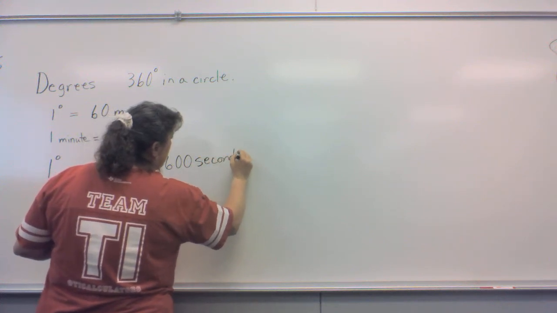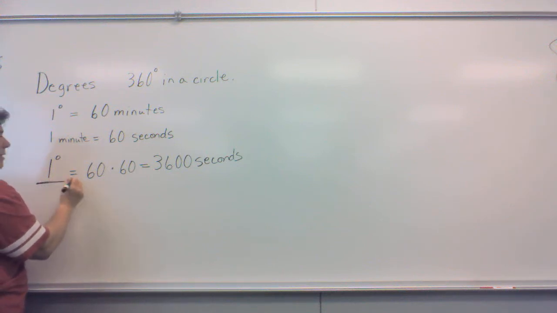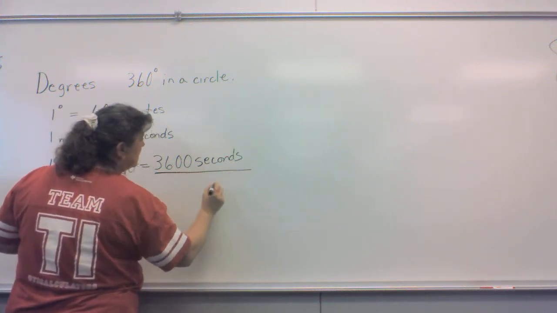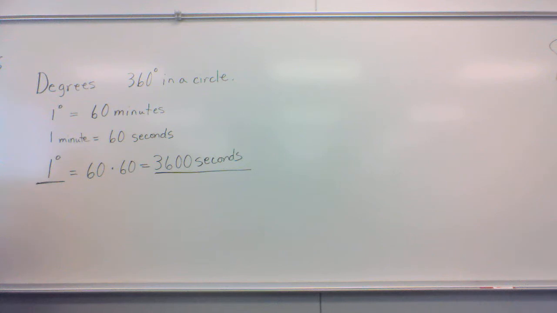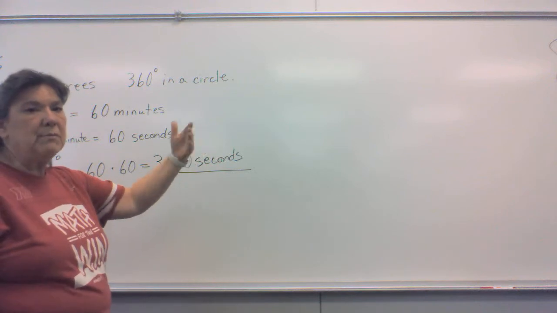So 1 degree is equal to 3,600 seconds. That's all really important information for us to know in order to change back and forth between decimal degrees and degrees, minutes, seconds.